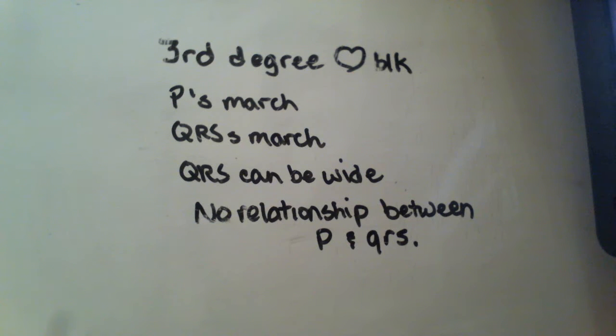And pacing through the skin really hurts. That's mostly done in an emergency situation because it is very uncomfortable. The patient gets electrical shock through their skin to stimulate their heart.